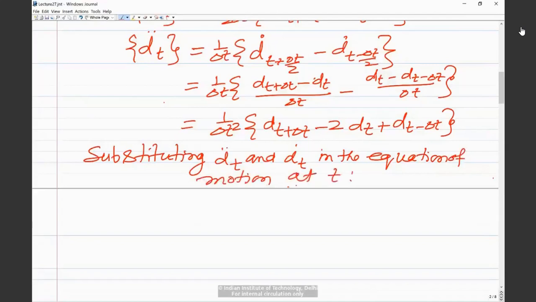What we will get is m into d double dot at t, which is 1 upon delta t square, and so on.